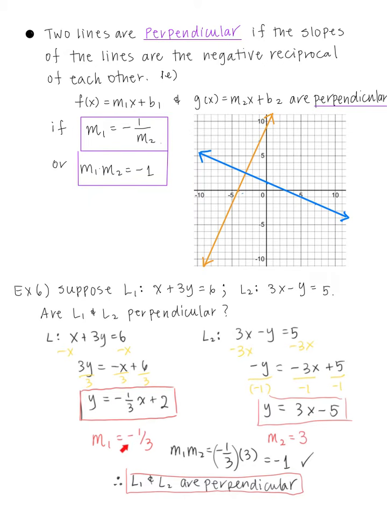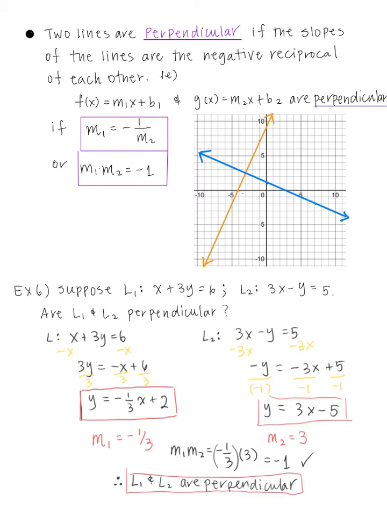The reciprocal of negative 1/3 is negative 3/1, which is just negative 3. Now, the negative reciprocal of negative 1/3 is the negative of the negative, which becomes positive, and you reciprocate 1/3, which becomes 3. So the negative reciprocal of negative 1/3 is positive 3.